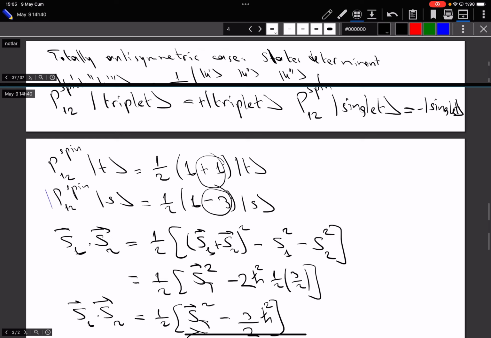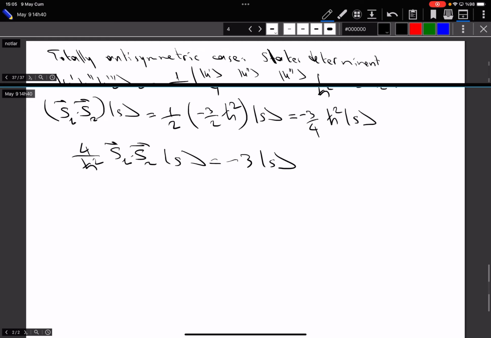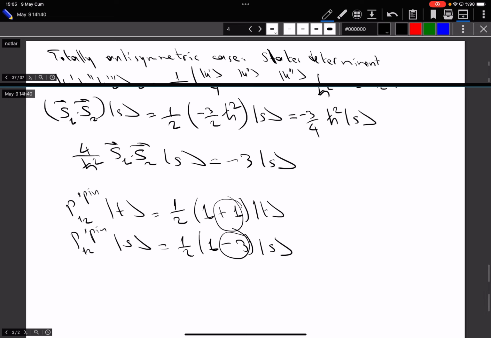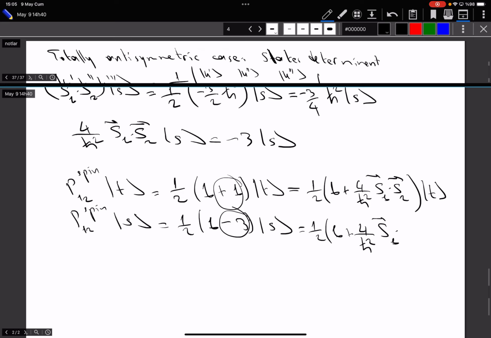So let me just take those terms. Now this is equal to 1 over 2 (1 plus 4 over h bar squared S1 dot S2) acting on the triplet state, and this is 1 over 2 (1 plus 4 over h bar squared S1 dot S2) acting on the singlet state.